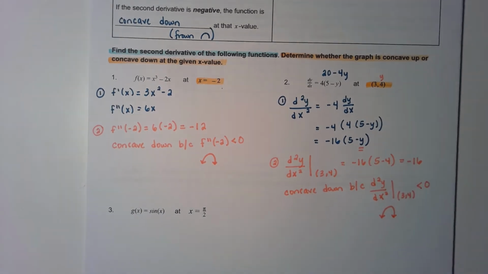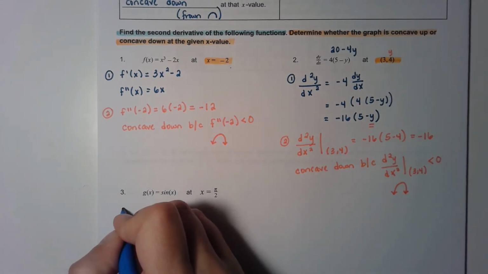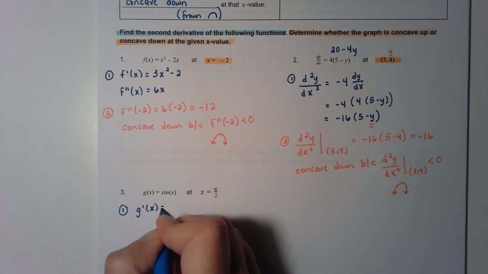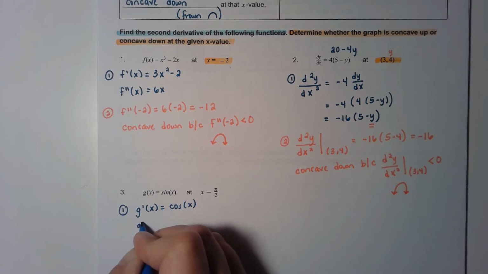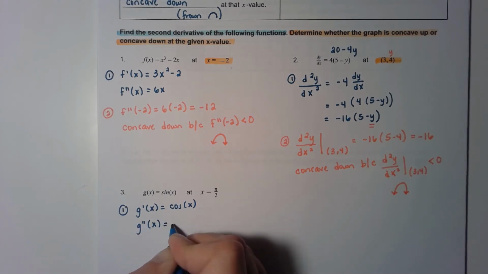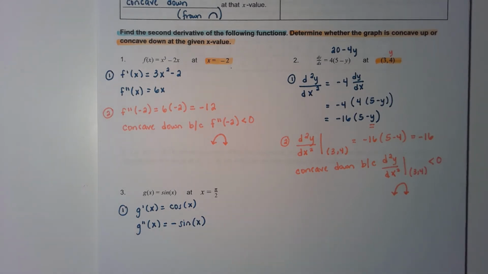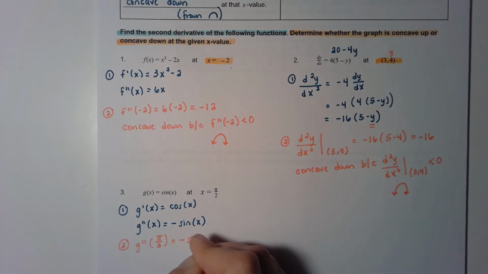Last but not least, let's say g of x is equal to sine of x. Again, step number 1 is going to be to find the second derivative. So the first derivative would be cosine, and the second derivative would be negative sine. Then I'm going to plug in the number pi over 2. Which means I have negative sine of pi over 2.